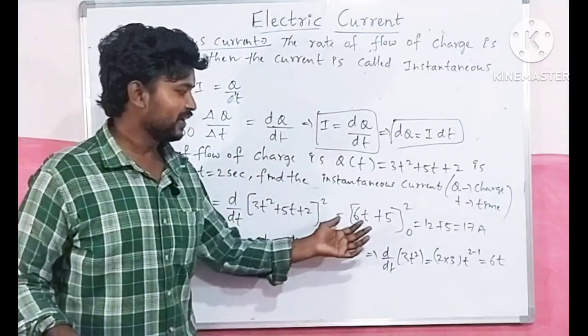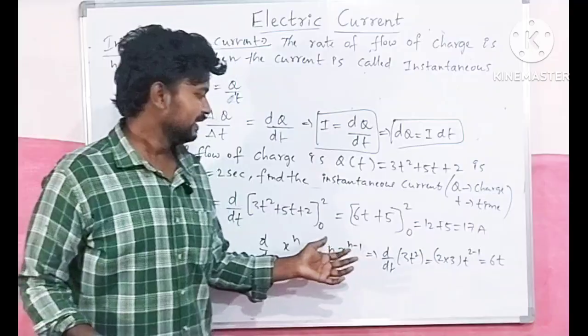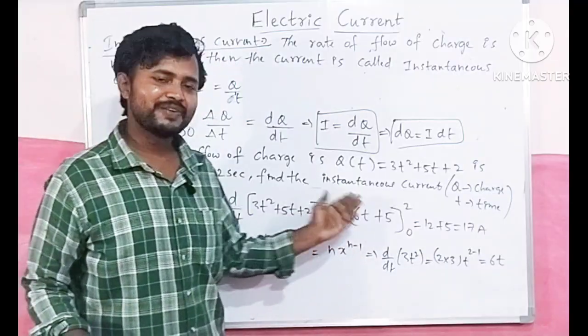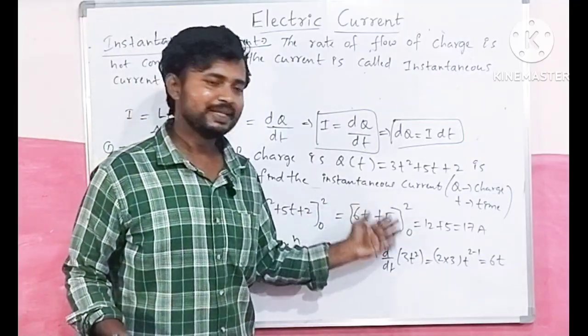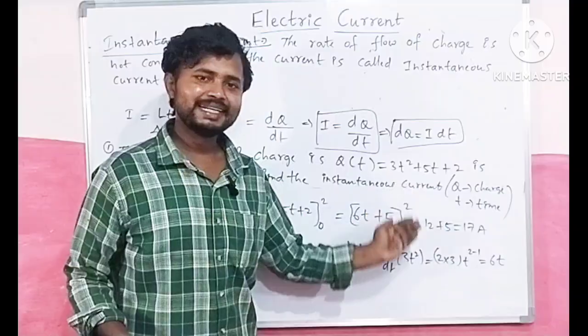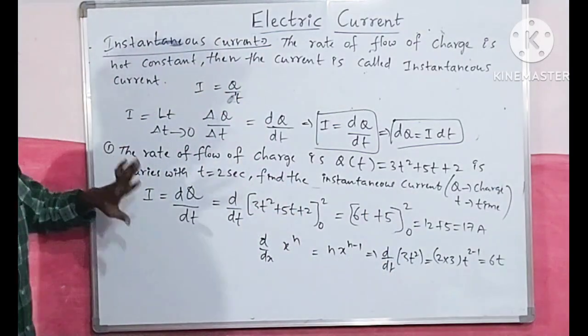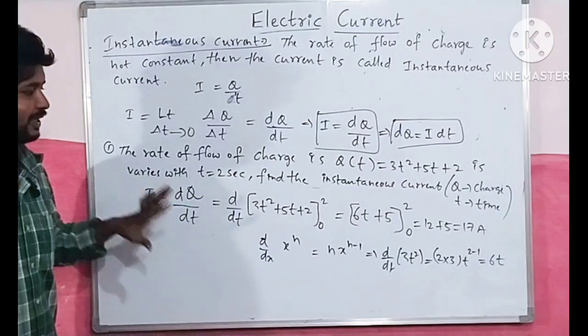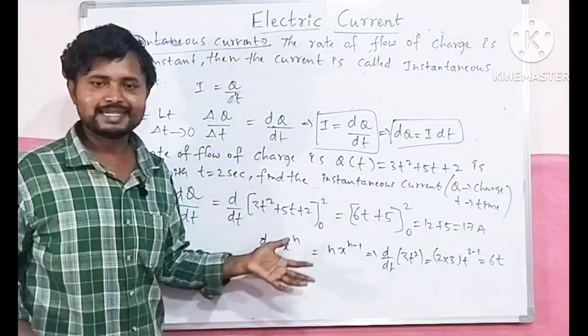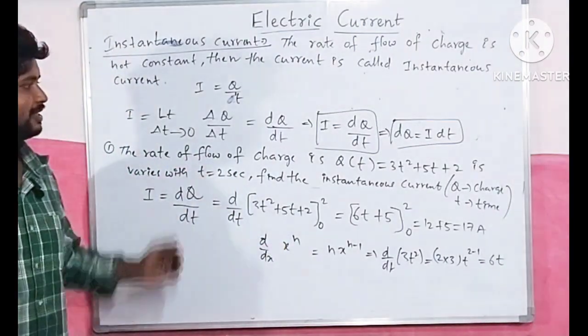When we differentiate with respect to time, we get 6t plus 5, and with the limits we get 17 amperes. So this is how to find the instantaneous current when the charge is not constant.